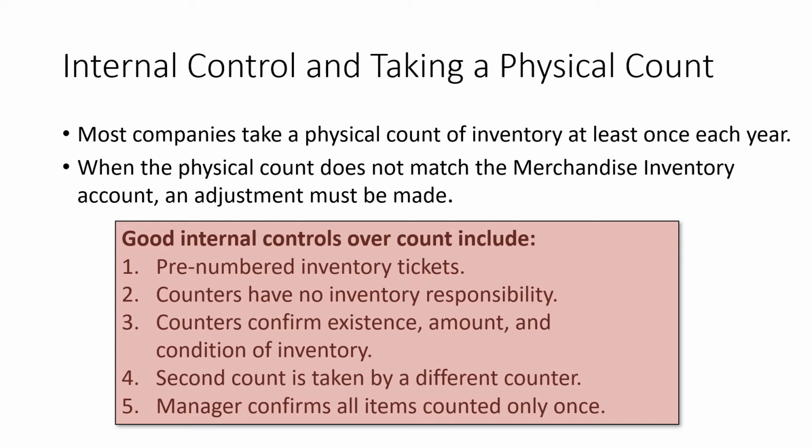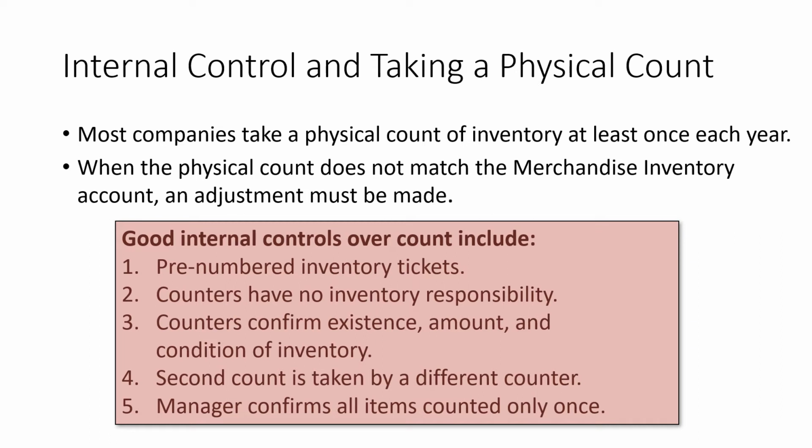So some ways that we can continue to protect the inventory would be through the internal controls that you see in the red box. Inventory tickets, and you want to have segregation of duties, meaning that the people who are counting the inventory during the physical count normally don't have responsibility over inventory.